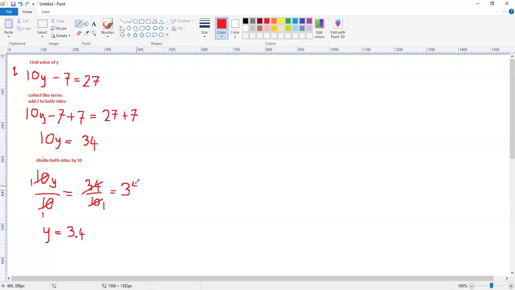It's 4, so that's going to be 4 over 10. That's the answer as a fraction. So I just thought it would be nice to have either 3.4 as the final answer, or 3 whole number 4 over 10 as the final answer. Do you have any questions?